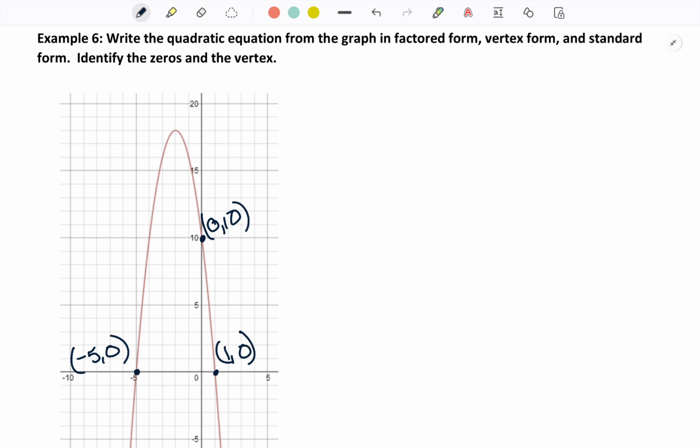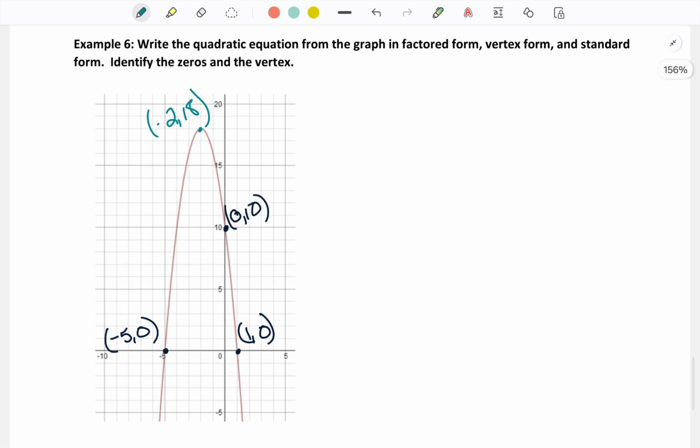I think that's going to be my point that I use to solve for a. And of course, I could also use my vertex. That's also a good point that you could use as well. I'm going to use it mainly just to check myself, because that's going to be negative 2, 18. So I should be able to pull that out of vertex form when I am done.